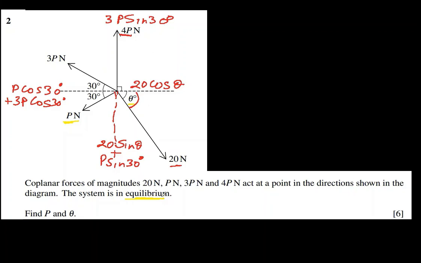Now, since the system is in equilibrium, we can equate the vertical and horizontal forces we just got. So let's start with vertical. In vertical, we have these two forces, so let's add them. 3P sine 30 plus 4P equal to 20 sine theta and P sine 30.